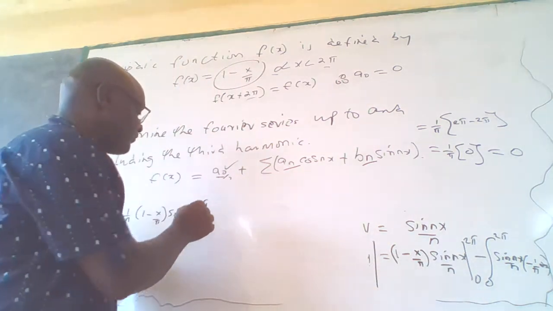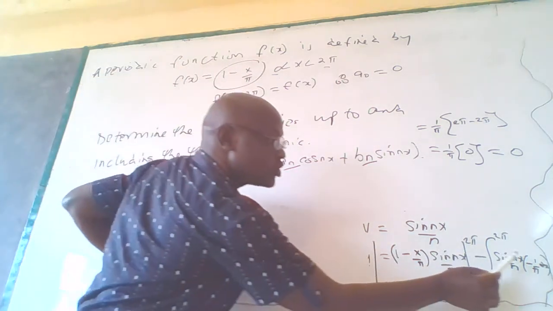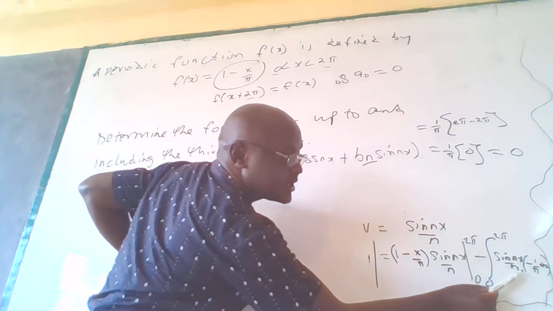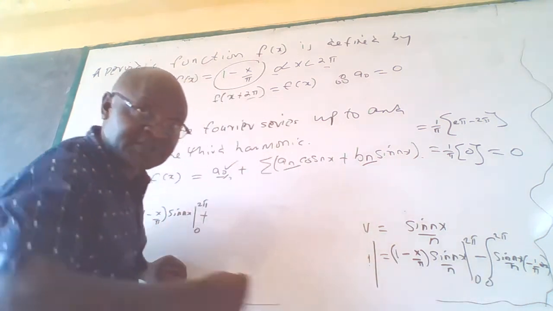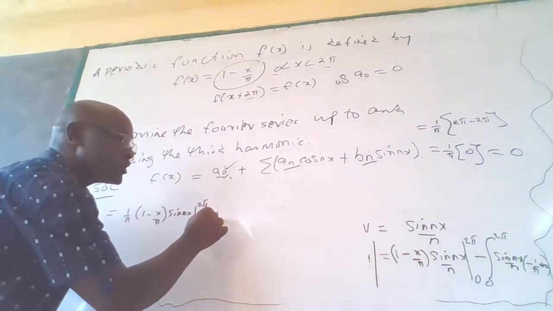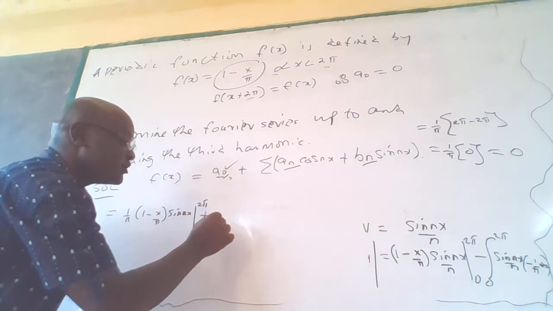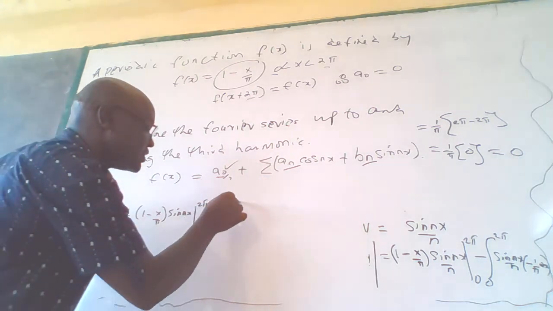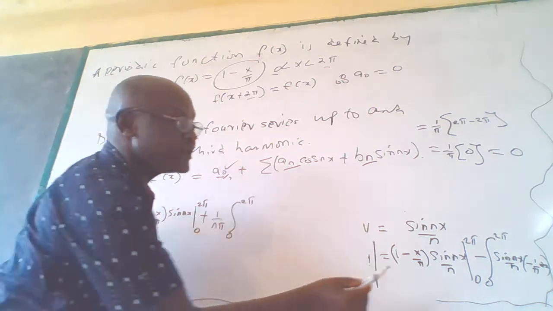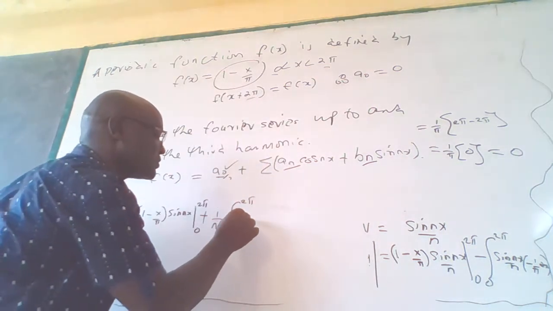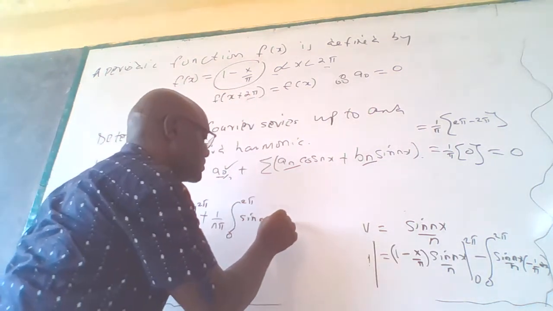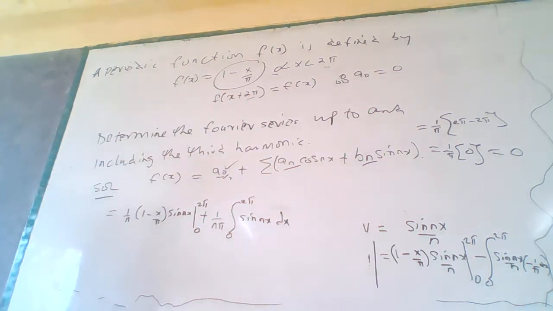This one will be positive plus because of that sign, and then we take out n and pi. We take them out. We have the plus 1 over n pi. We take it out. The integral of 0 to pi. Then here we will end with sine nx, then dx, like that.